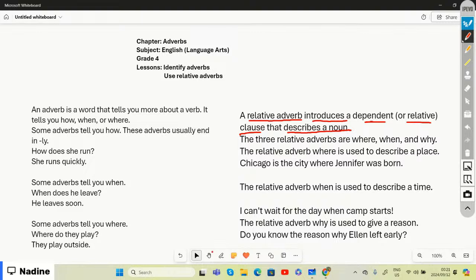So a relative adverb introduces a dependent or a relative clause that describes a noun. And when it comes to relative adverbs, right? The three relative adverbs are when, where, and why. So it is where, when, and why. That is the relative adverbs.